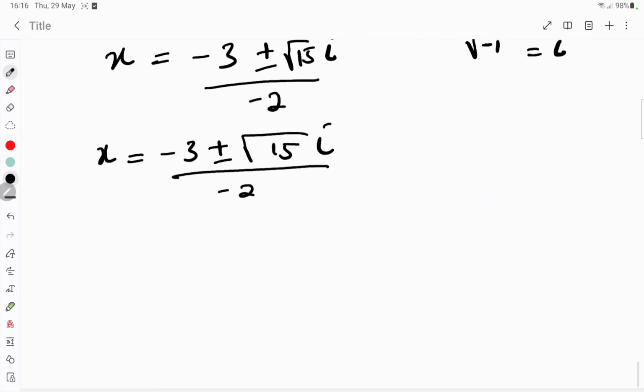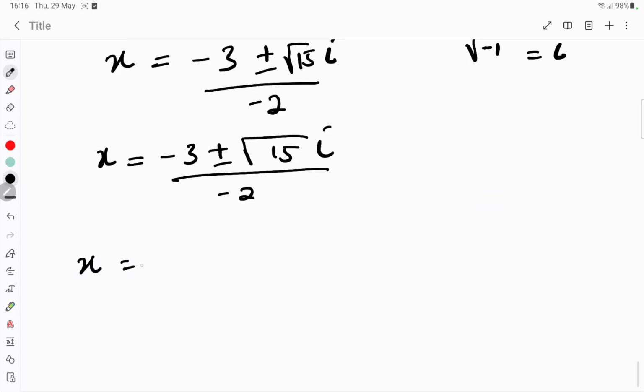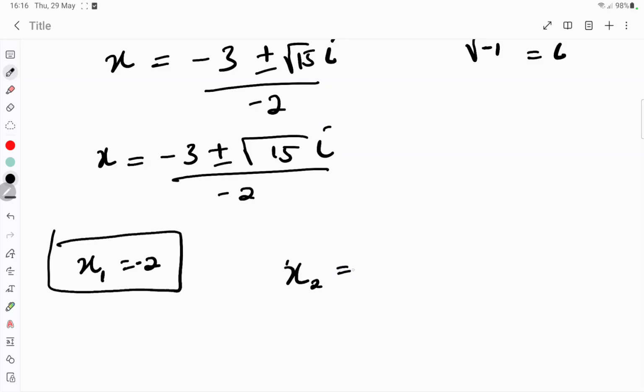Good. The first solution we got is that x is equal to minus 2. This is called the real solution, which is our answer 1. Then our answer 2, x2, is equal to minus 3 plus, for the positive value, the square root of 15 i divided by minus 2.